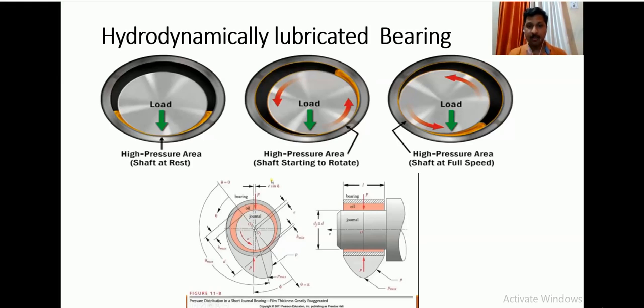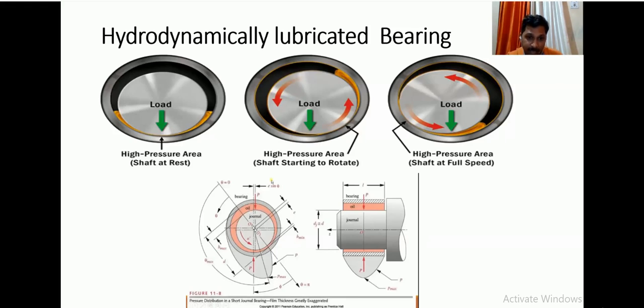In both cases the pressure profile is parabolic, but in the longitudinal direction the parabola is symmetric, while in this direction the parabola is slightly displaced towards the right.